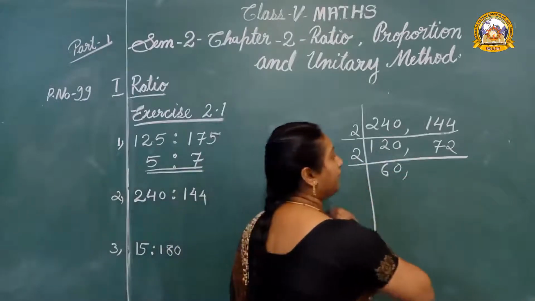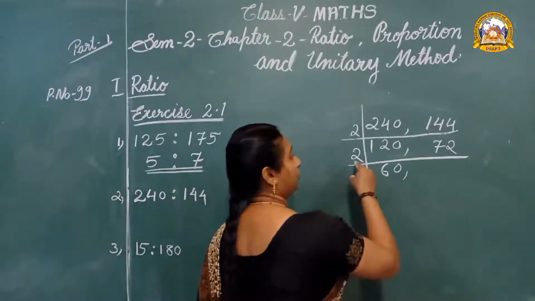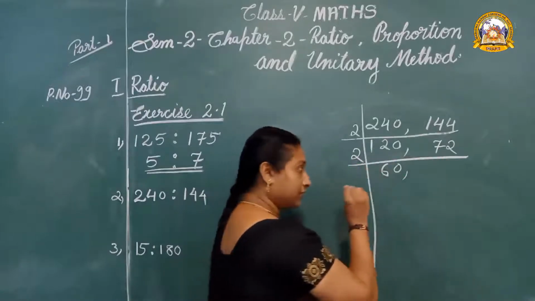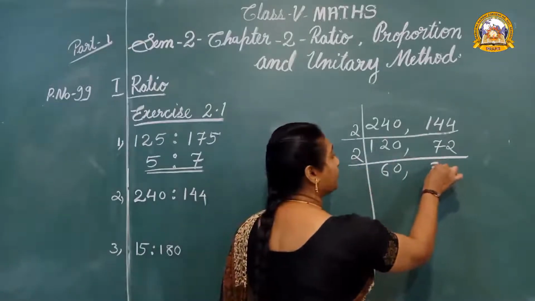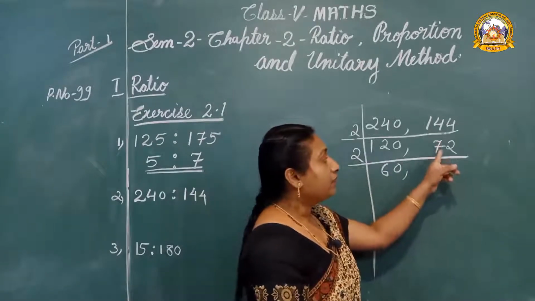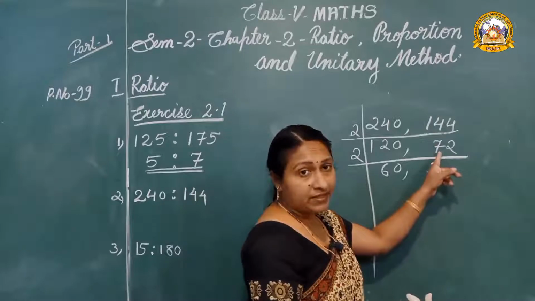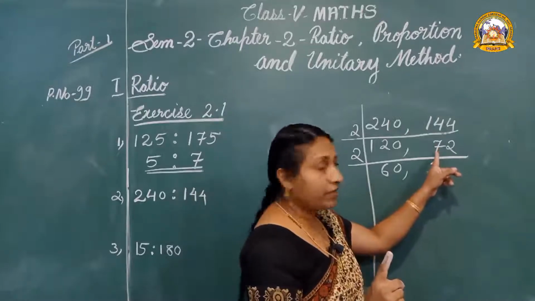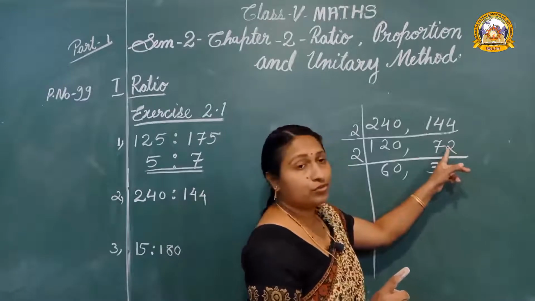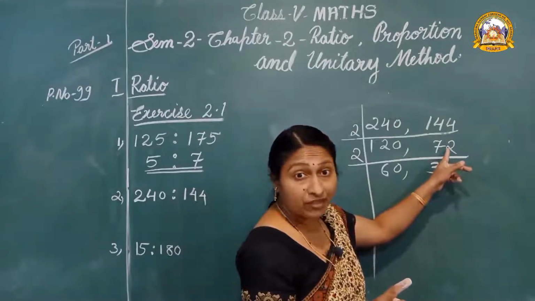And let us divide the 72 by 2. In 7, how many 2s are there? 3 2s are 6. So let us write the 3 here. Then what is there? 7. So 7 minus 6, 1. 1 is remainder, no? Then let us put the 1 behind 2. So this 2 will become 12.